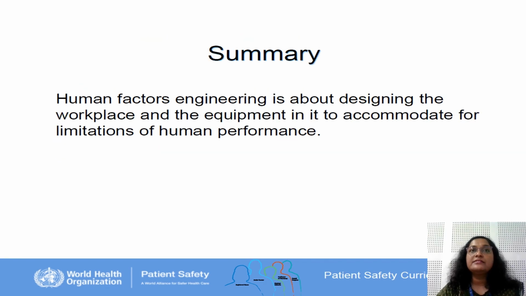Thus, human factors engineering designs the workplace and the equipment to accommodate for human fallibility and limitations. I end this lecture by reminding you that it is important to recognize that safe healthcare delivery is about taking into account the person, the tools, and the workplace.